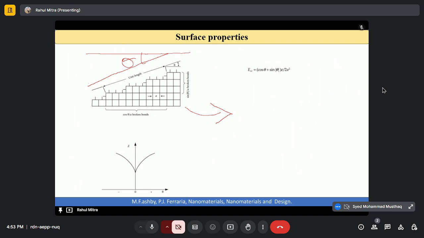If I draw the triangle, this is my cut surface, and this is my theta.